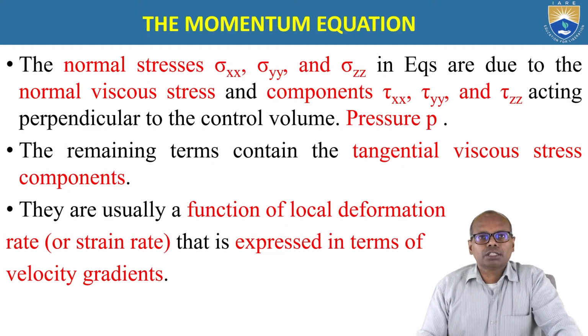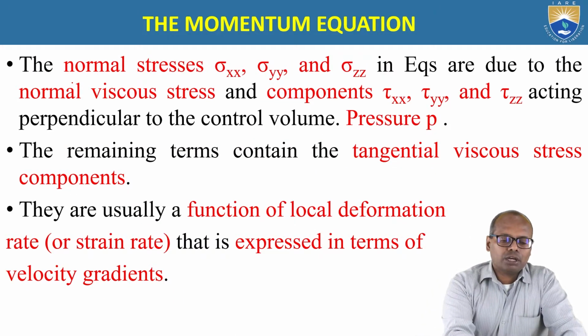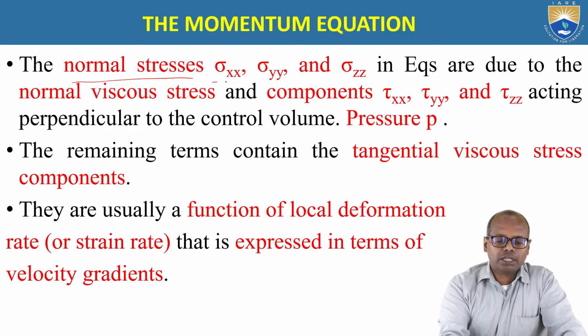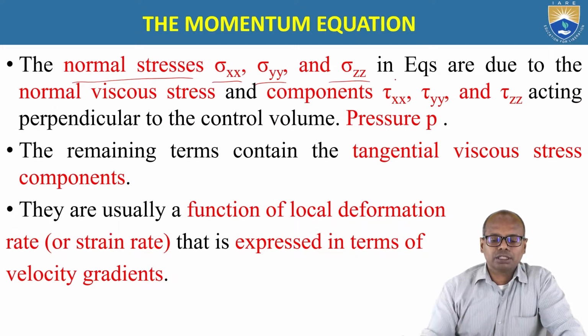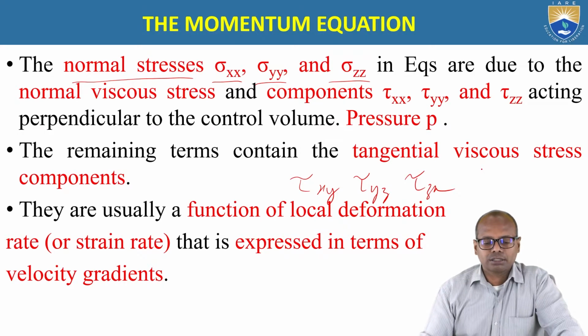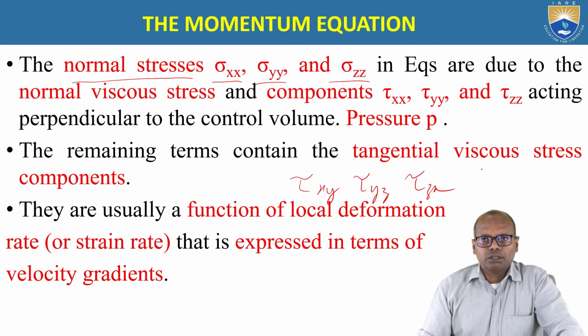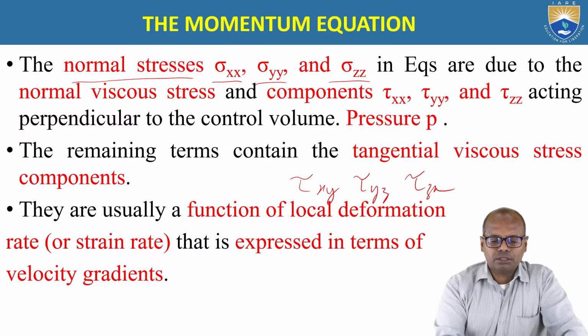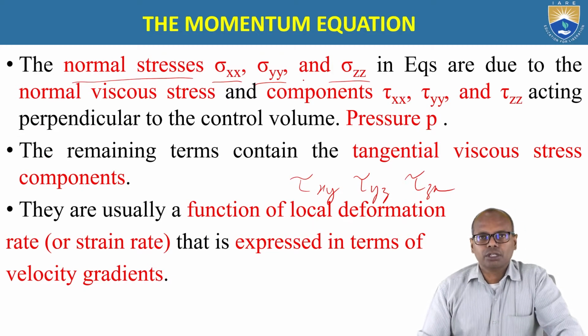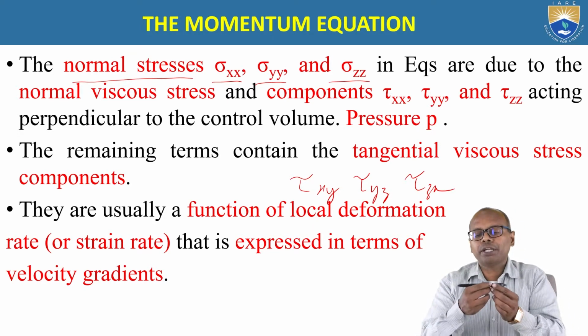As I said, we have normal stresses sigma xx, sigma yy, sigma zz, and the tangential stresses tau xy, yz, and zx. Now these normal stresses act perpendicular to the face.